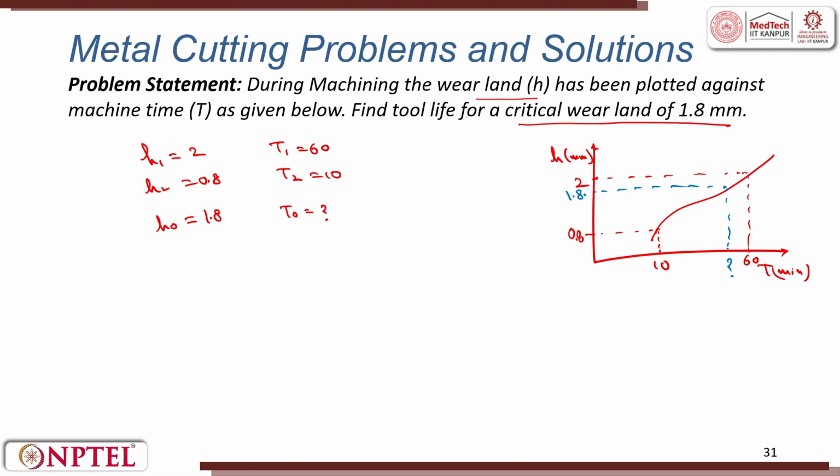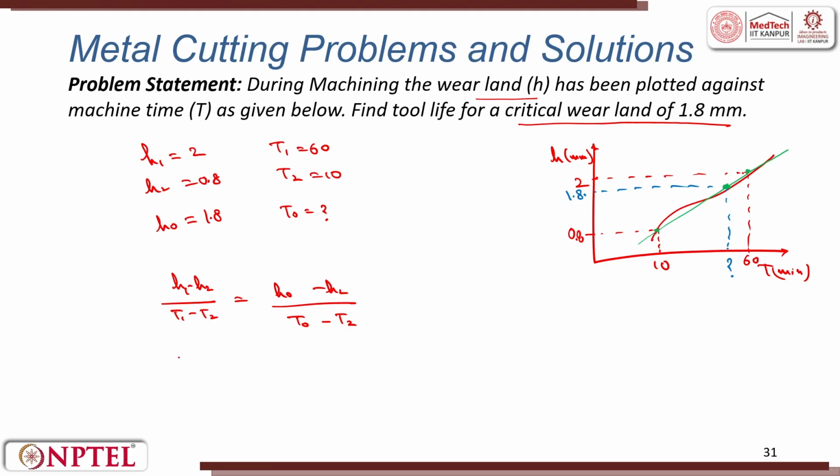Simply we can use the coordinate axis here, assuming this as a straight line. Here these three coordinates I can equate, that is, the intercept: H1 minus H2 by T1 minus T2 is equal to H0 minus H2 by T0 minus T2.